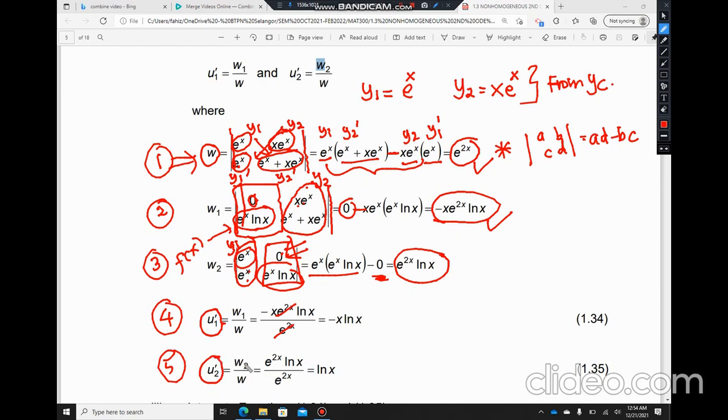U2 prime is W2 over W, equals to e^2x ln x divided by e^2x. If we simplify, we get ln x. Okay, kita dah ada 5 nilai kat sini: W, W1, W2, U1 prime and U2 prime.